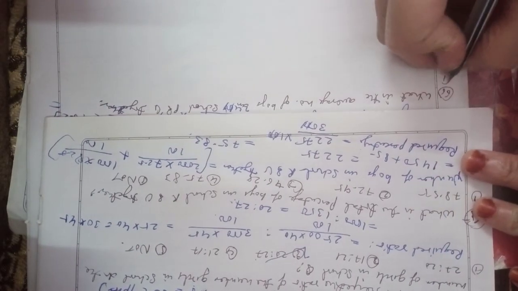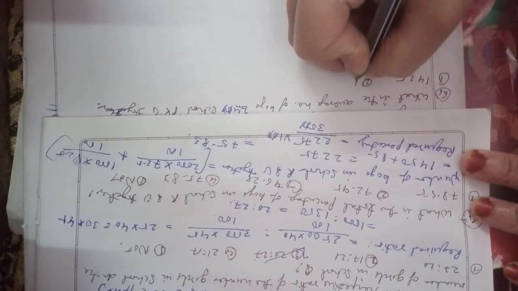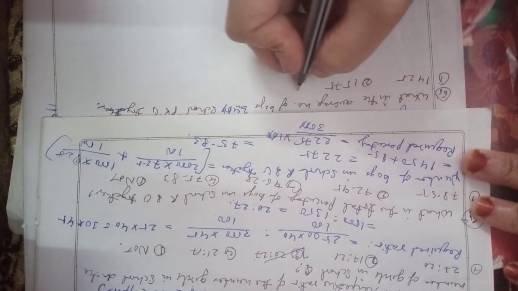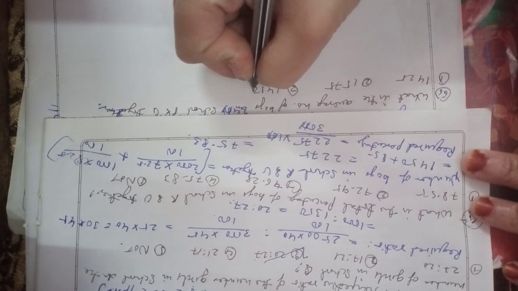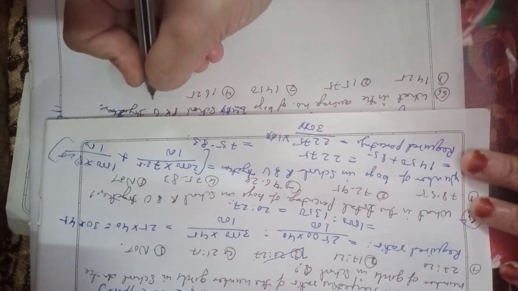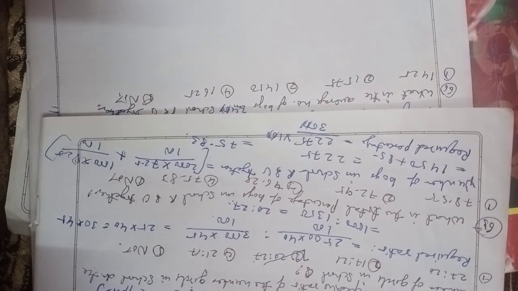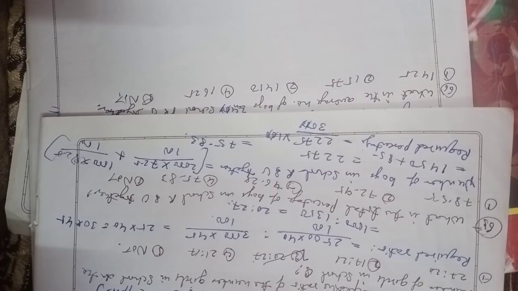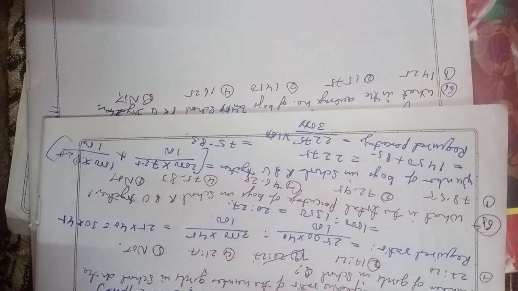The first option is 4025. Second is 5075. Third is 4050. Fourth is 6025. And the fifth is none of the above. So none of these here itself.